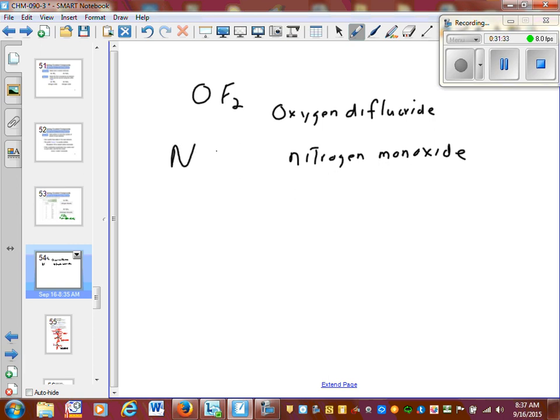Because you use the mono prefix for the second one. Like CO is carbon monoxide, it's not carbon oxide.